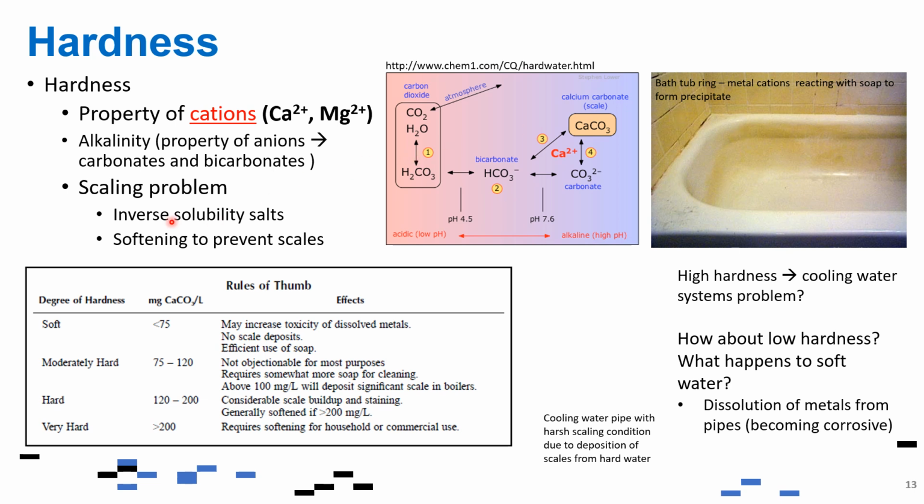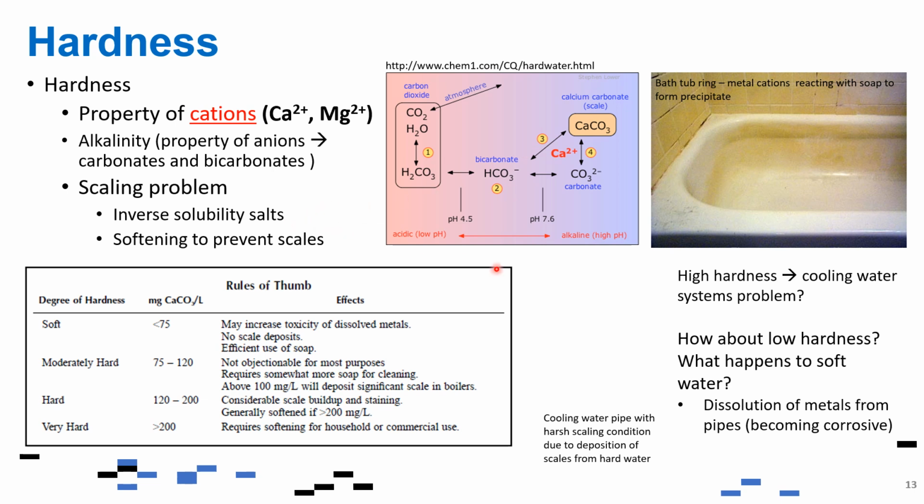That happens because calcium carbonate, CaCO3, is an inverse solubility salt. It means that at a higher temperature, if you heat it up, calcium carbonate will precipitate out of the system. It will solidify. So if you boil water, it will solidify and become scale.